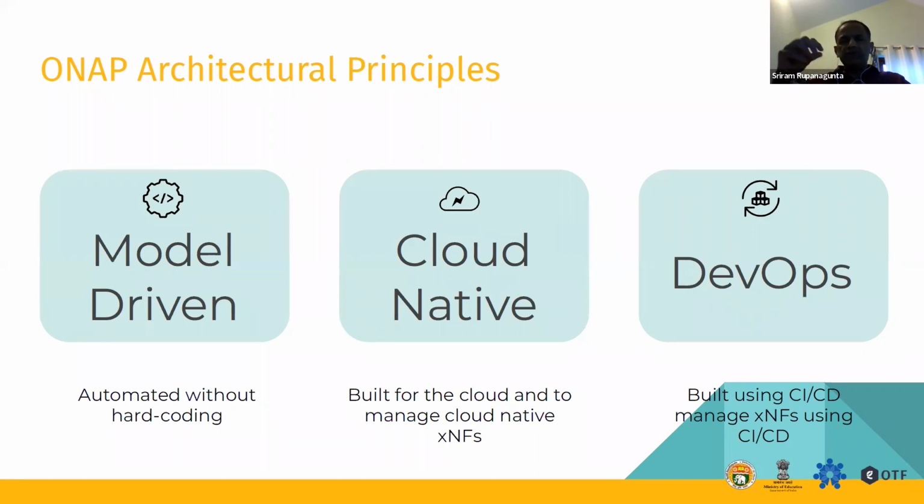DevOps is very important because in the case of ONAP, it's not an afterthought. It's actually built using DevOps. For example, the different components of ONAP have their own CI/CD pipelines, which can be used to do the updates and continuous integration. So these are the architectural principles of ONAP.